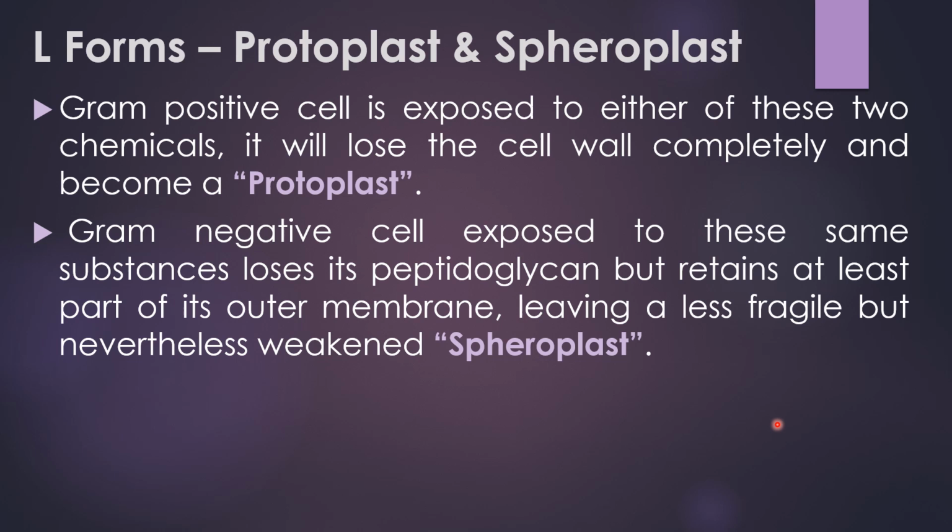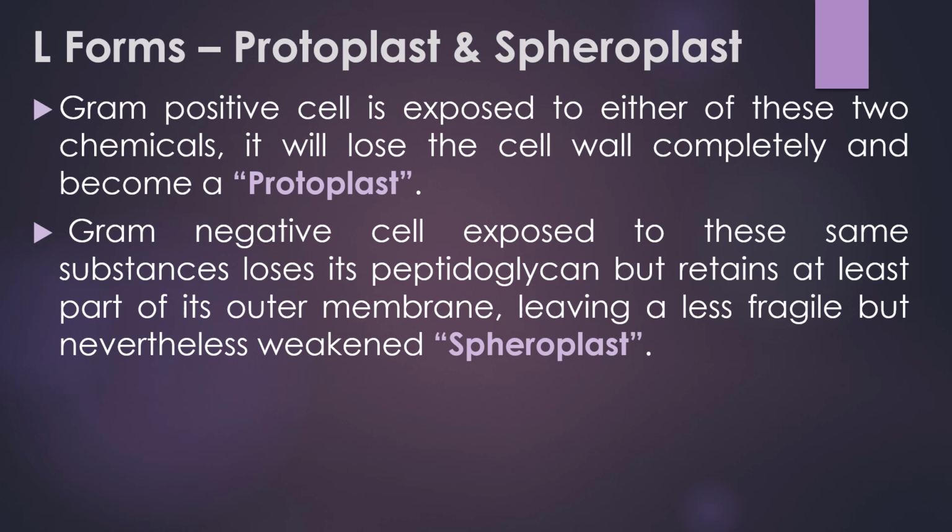This is the difference between the protoplast and spheroplast. Disruption of the cell wall by lysozyme or antibiotic in a gram-positive cell gives a protoplast, and disruption of the cell wall by lysozyme or penicillin in a gram-negative cell results in the formation of the spheroplast.